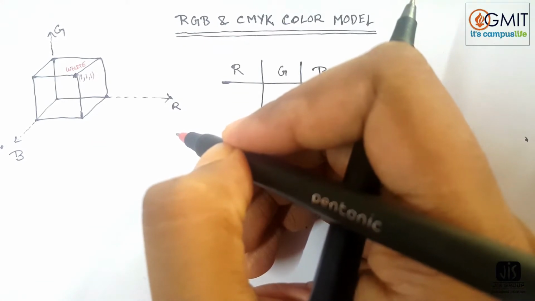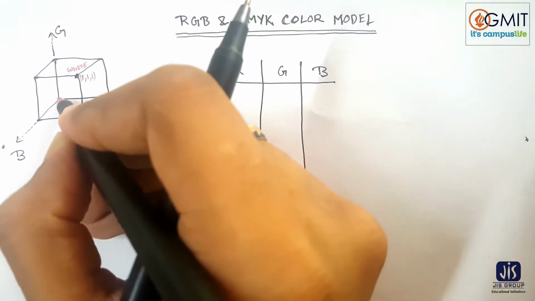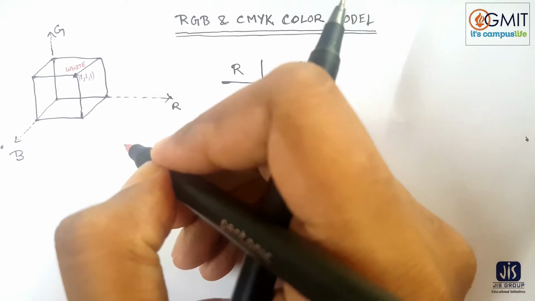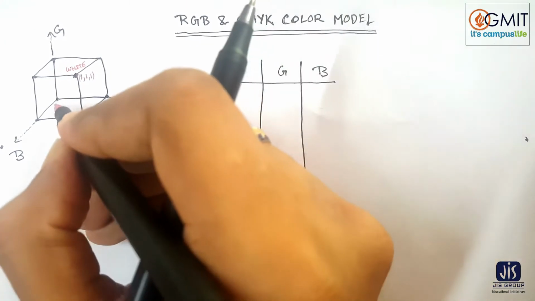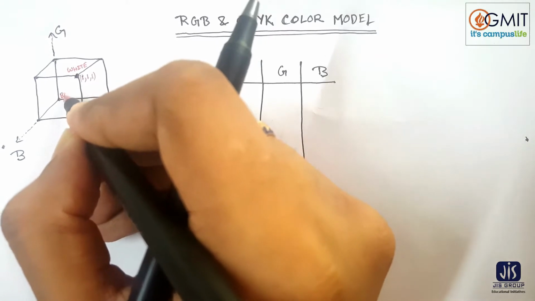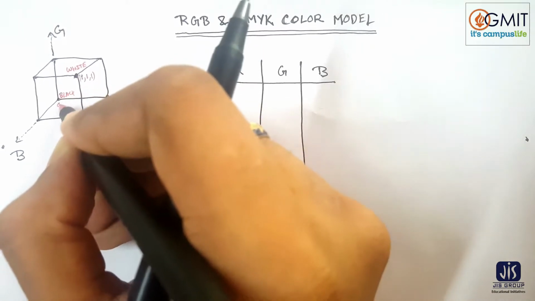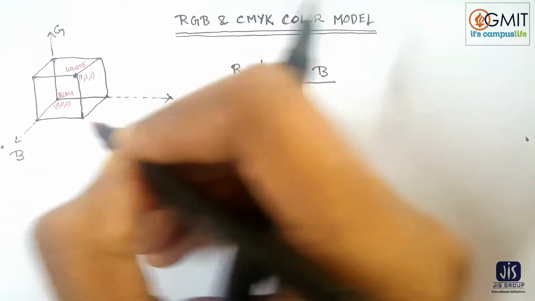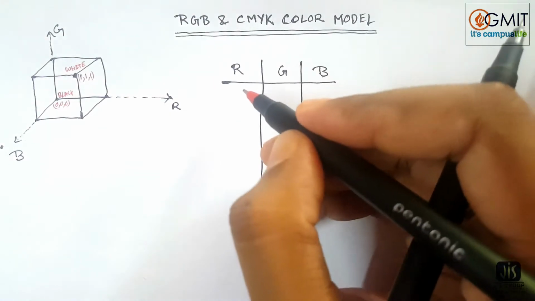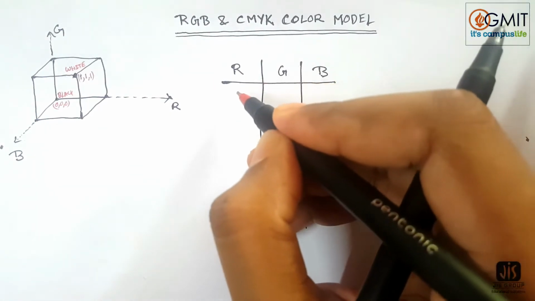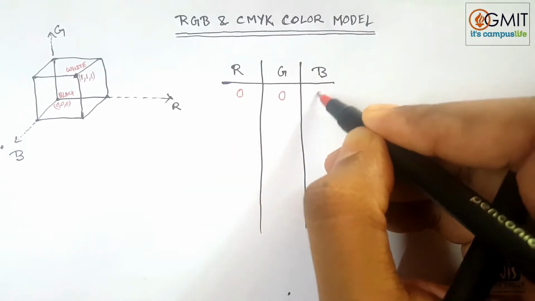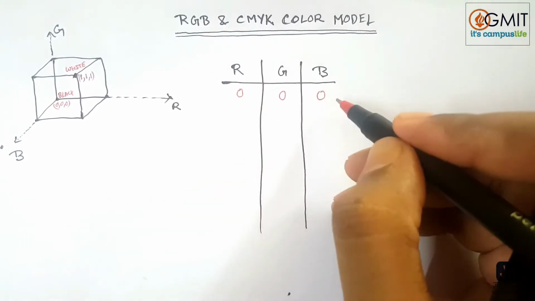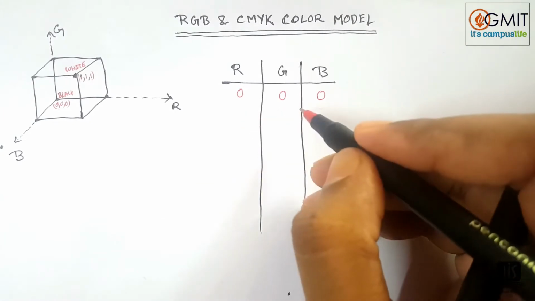And which point is totally invisible? This point is totally invisible, you can't see from the front side, that is black, and 0, 0, 0. Okay, now starting from 0, 0, 0, that is black, when all the signals are off, 0 means off.